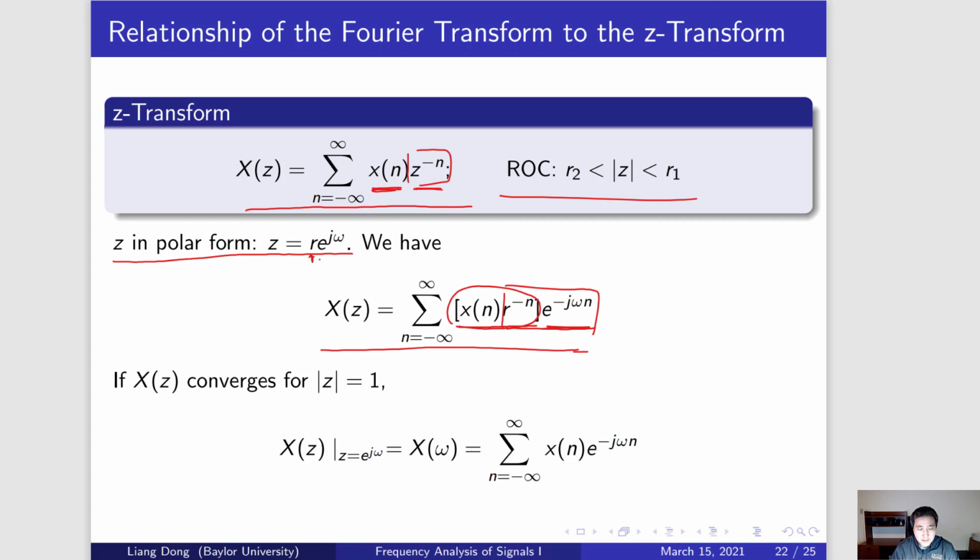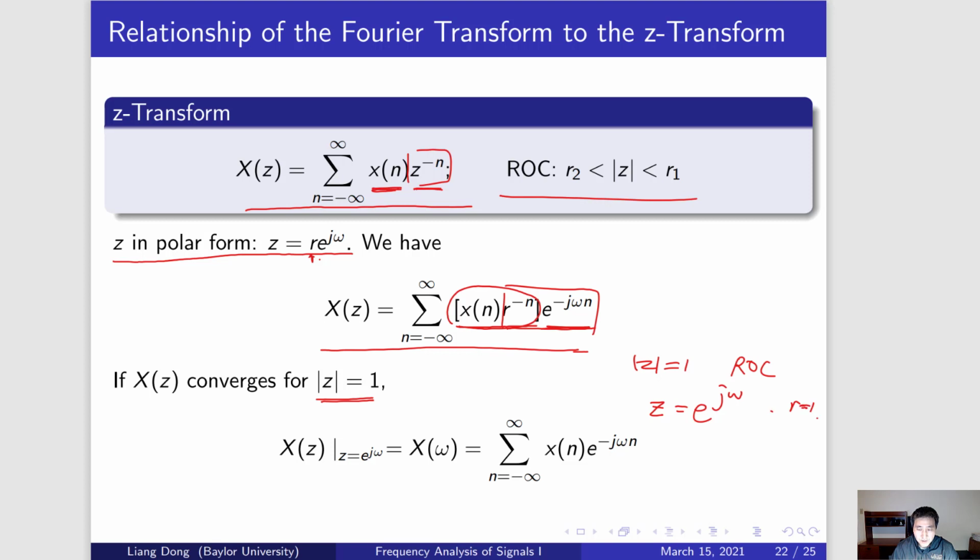So if X(z) converges for |z| equal to 1, which means the unit circle is within the region of convergence, it makes sense for me to discuss this. On the unit circle, z is equal to e to the power j omega, with r being 1.